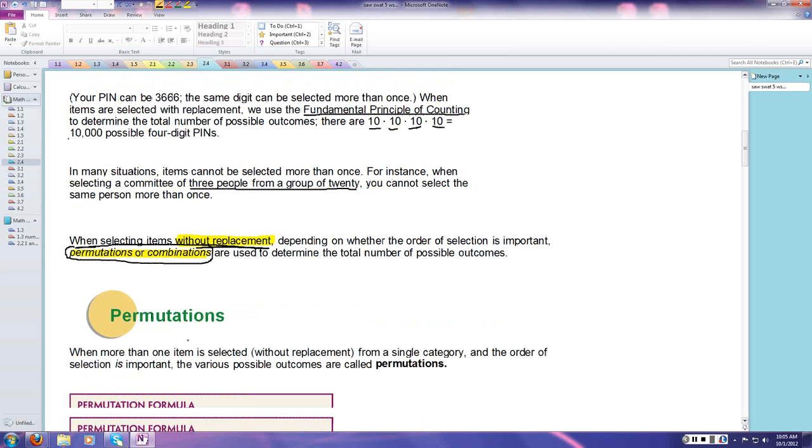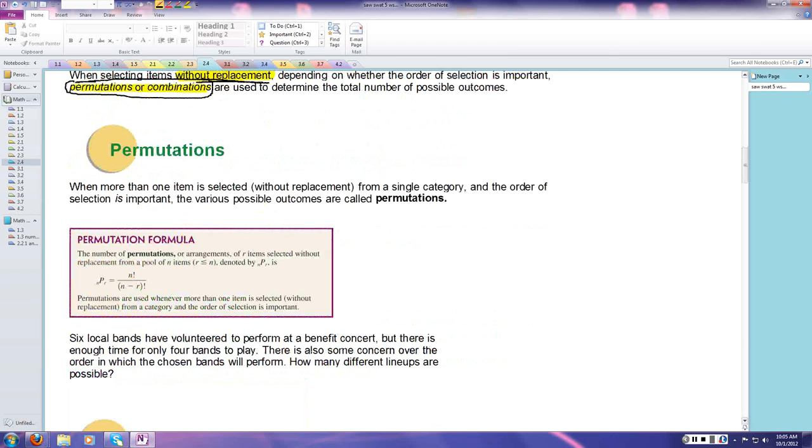So let's look at a permutation. Permutations are when more than one item is selected without replacement from a single category, and the order of the selection is important. That's the important thing on a permutation. You could think of P for permutation, P for important, the order is important.